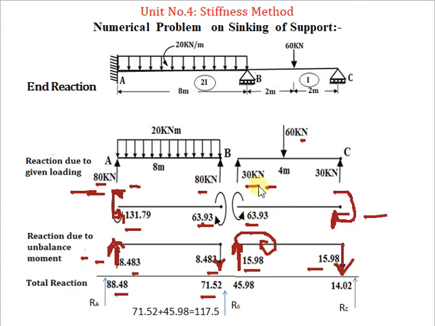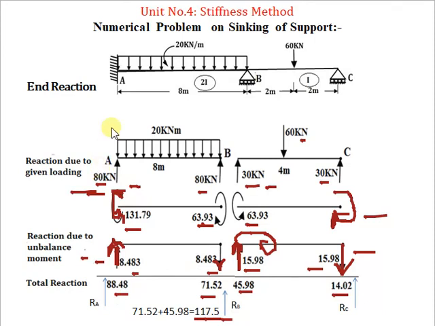Now for BC span at B, 30 kilonewton up plus 15.98 kilonewton up, we have 45.98 kilonewton up. Now at C, 30 kilonewton up minus 15.98 kilonewton, we have plus 14.02 kilonewton up. So total reaction at B is equal to 117.5 kilonewton by adding 71.52 plus 45.98. So now we know the reaction at each support A, B and C.